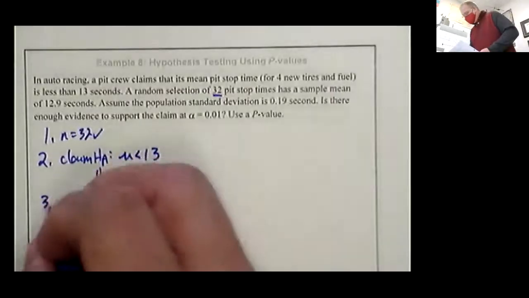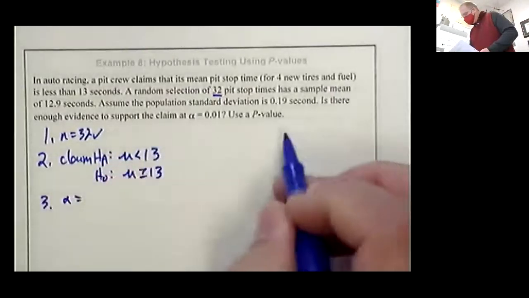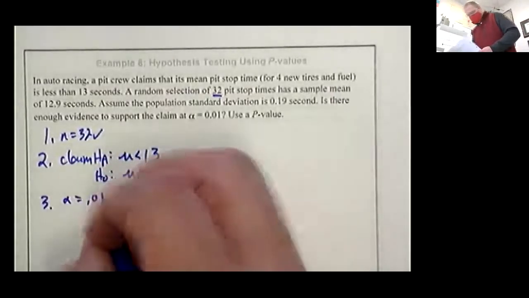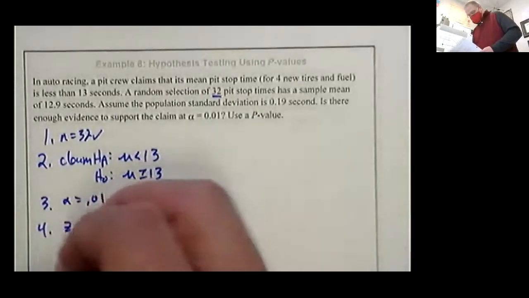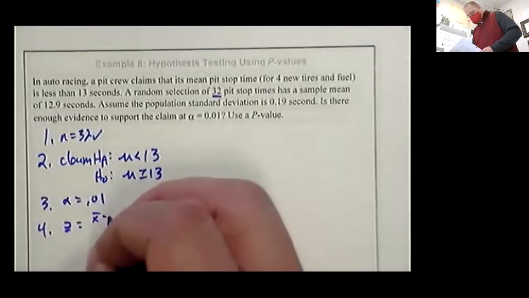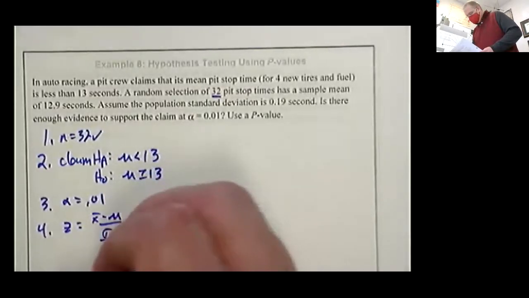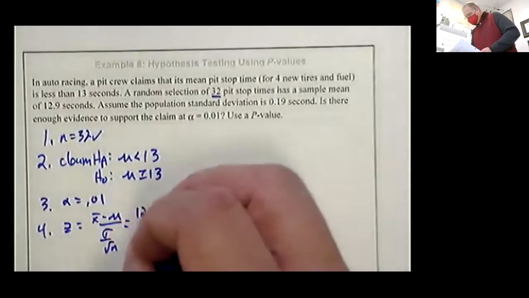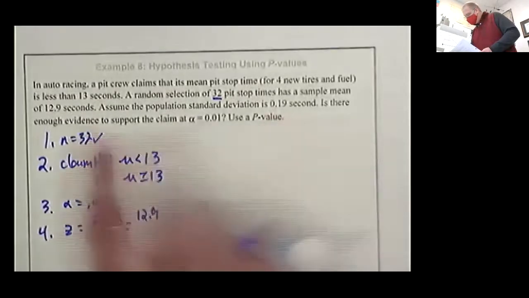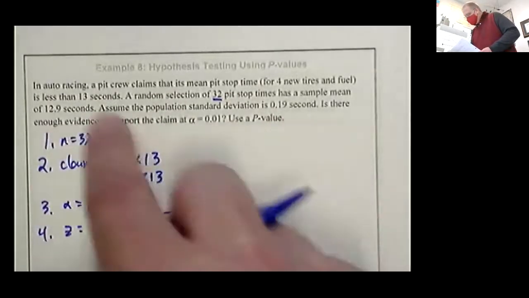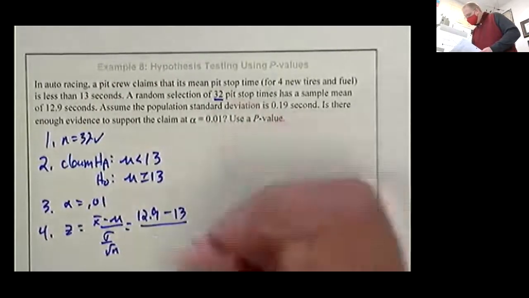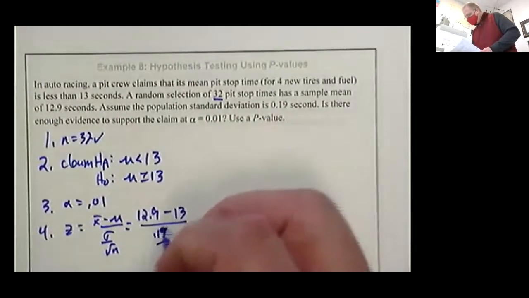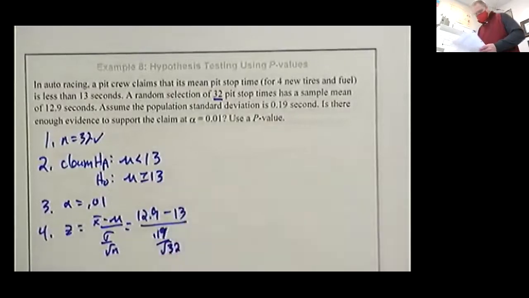Number three, our level of significance alpha, they give that to us in the problem, is 0.01. Number four, then we want to find our z-score. Our z-score is x bar minus mu over sigma over square root of n. That is 12.9, the sample, minus the claim, which was 13, divided by sigma, which was 0.19, divided by square root of 32.